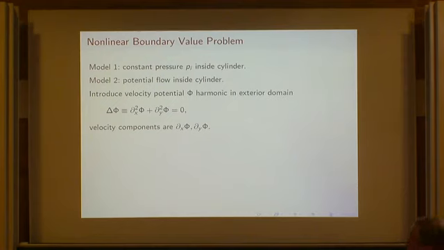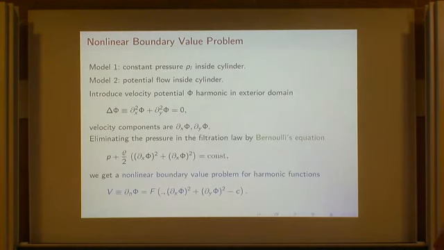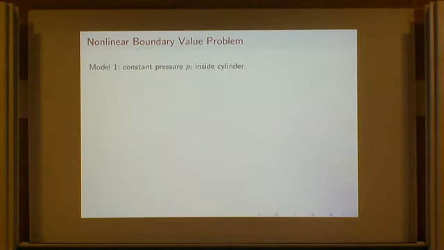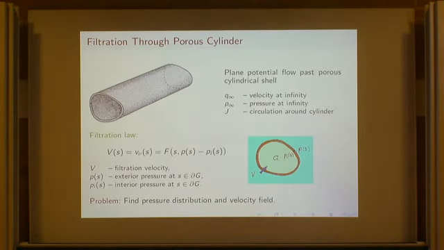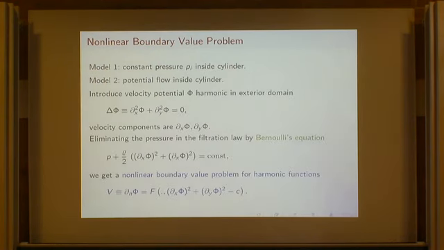I will show it in the end. We introduce the velocity potential, which is a harmonic function in the exterior of the cylinder. And you know, the derivatives are then the velocity components. We can eliminate the pressure from the filtration law by Bernoulli's equation.